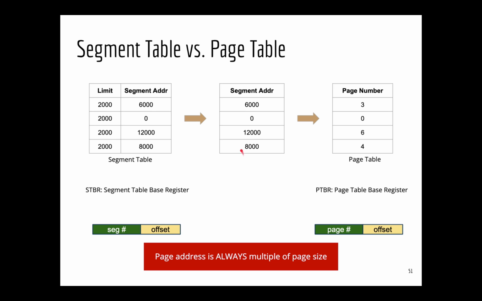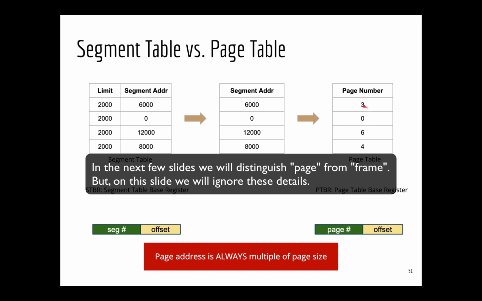But this observation leads to another simplification. It is not necessary to keep the full address that requires more bits to store. By dividing these numbers by 2000, the segment base address can be stored using fewer bits. So by dividing these numbers by 2000, what we get now is 3, 0, 6, and 4, and these smaller numbers will require fewer bits to store.